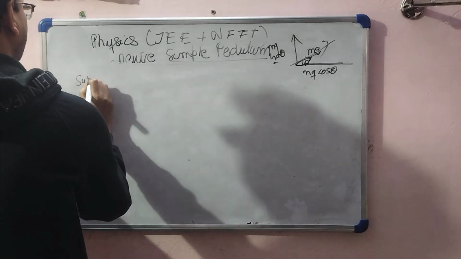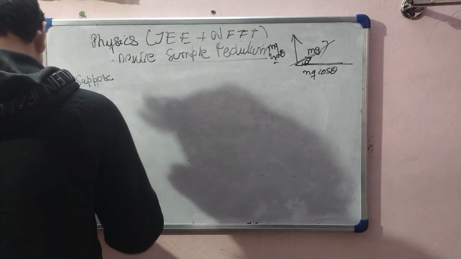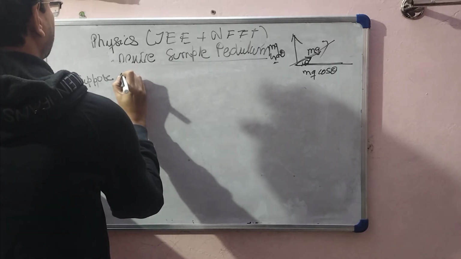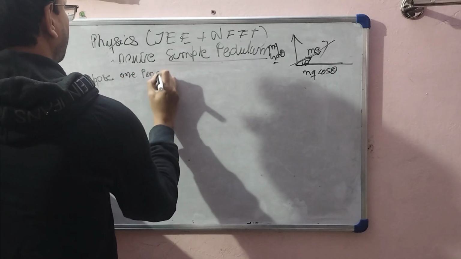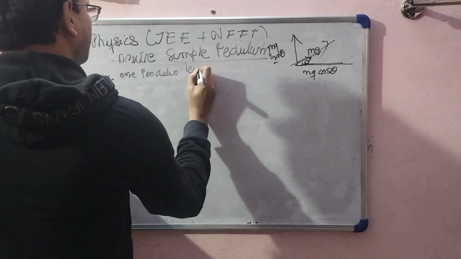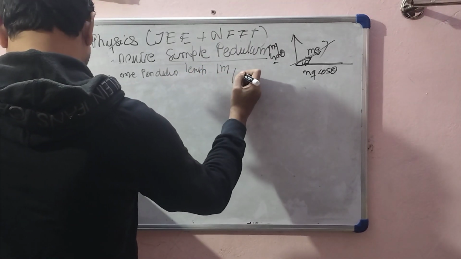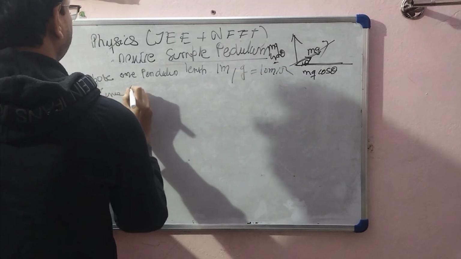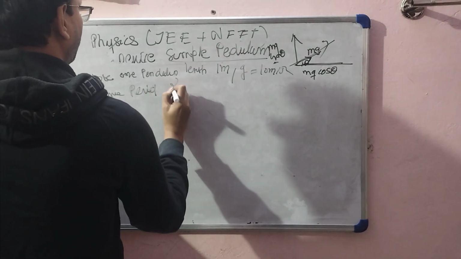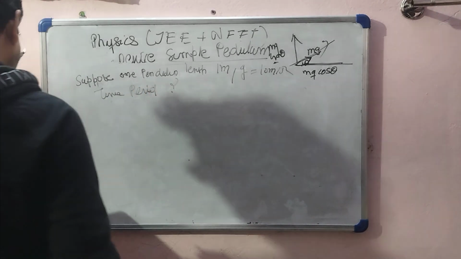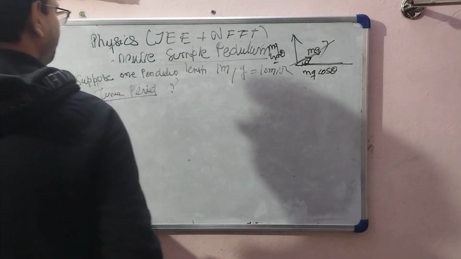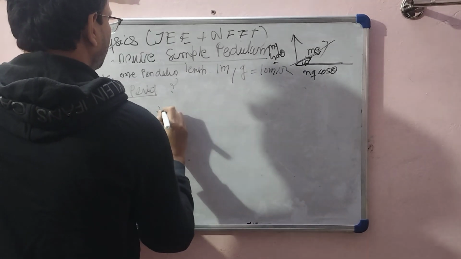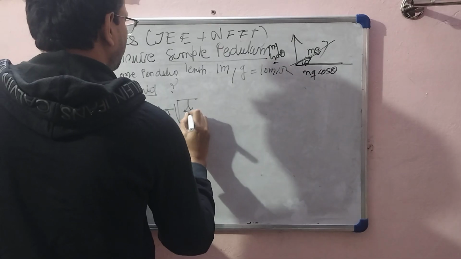Suppose one pendulum has length 1 meter, g equal to 10 meter per second square, find the time period. Okay, then the formula is T equal to 2 pi under root L upon g.